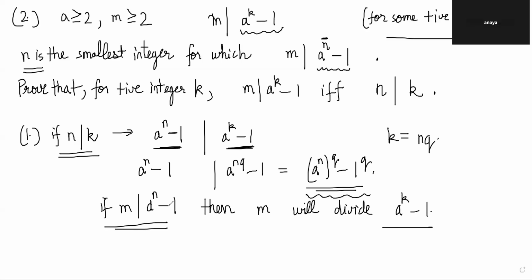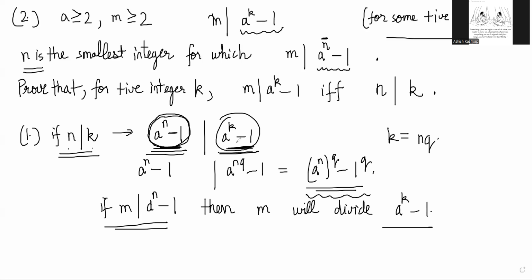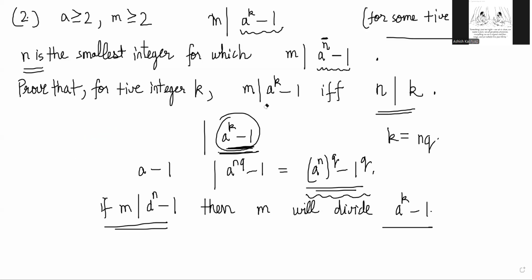Do you understand what I'm saying? n divides k implies this is a factor of this. So if m is a factor of this, then automatically it will be a factor of this. So that part of it is pretty easy. So we have proved one side of it. If n divides k, then this, right? We have to prove the other side also, right? So let's try to do the other side of it. So now we'll assume the opposite, that m divides this, right?